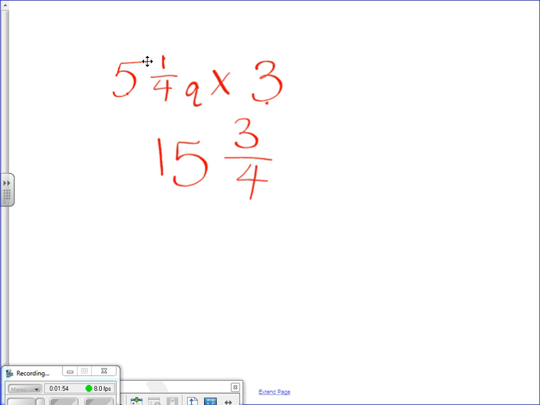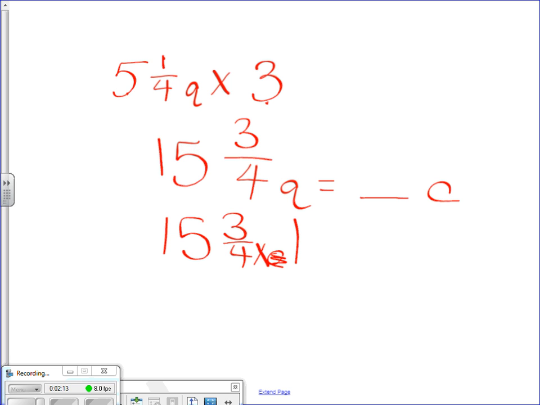You need to change that to cups. The question is in cups. So we need to know, this is quarts. How many cups is that? So 15 3/4 times 1 quart.